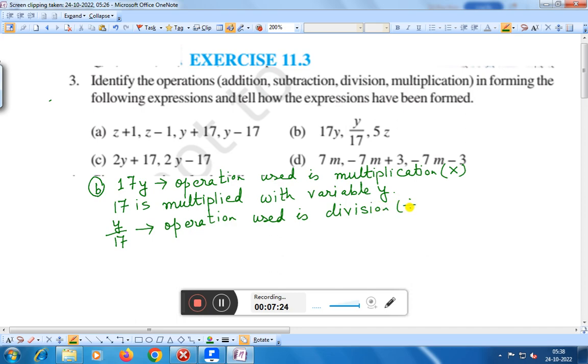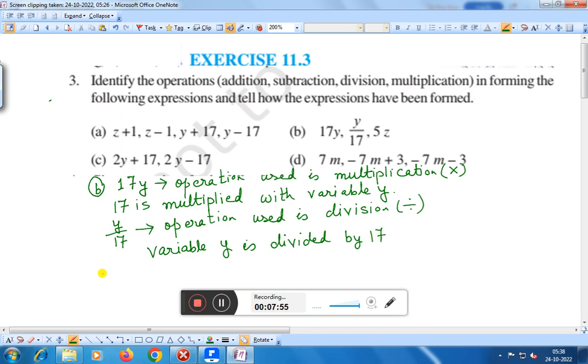That is divided by, right? Now, how the expression is formed is variable y is divided by 17.